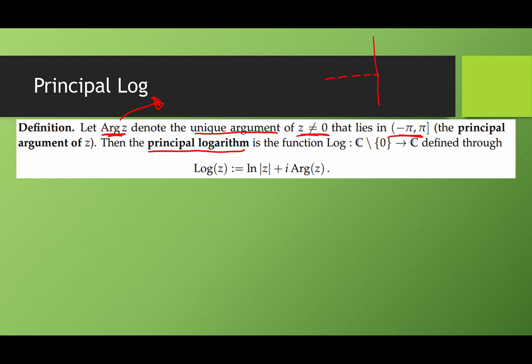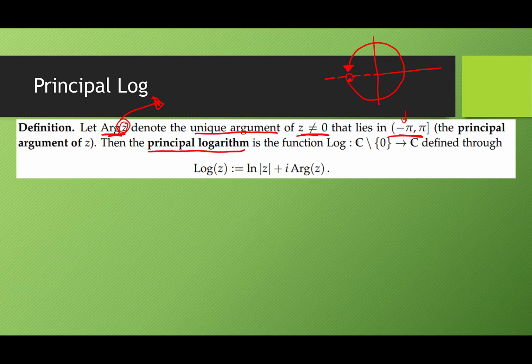All right, and here's the positive real axis. In any case, we're talking about angles that lie in between minus pi, but not including. So that's starting here, and I'm going to put a little hole there just to show you that we're not including minus pi, and all the way around to positive pi here. So the argument of z is giving whatever angle we can create for z.